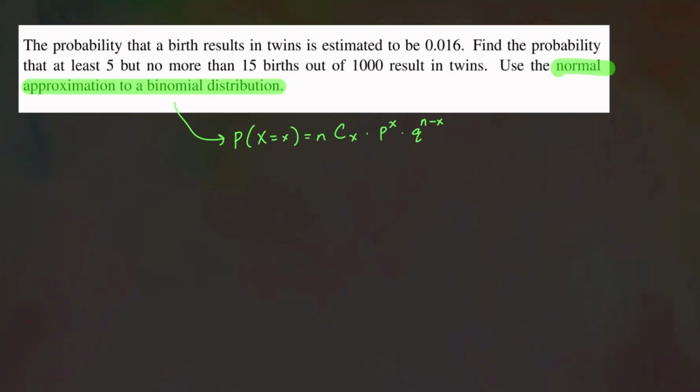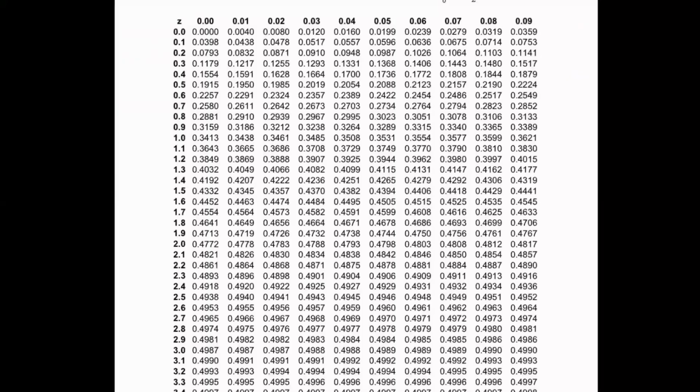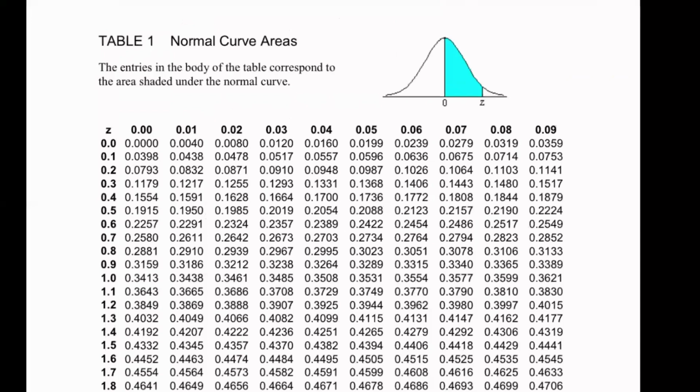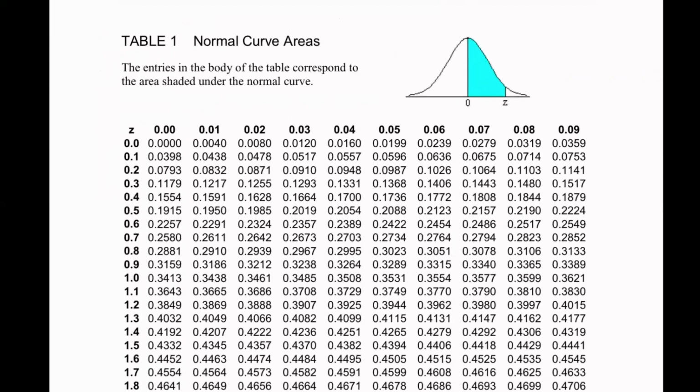So let me show you which z-score table we're going to be using in this video. So we will be using this table right here. This one reads in a different direction of the normal curve. As you can see, we have listed out the z-score vertically and horizontally, and this will read area from 0 to this direction.